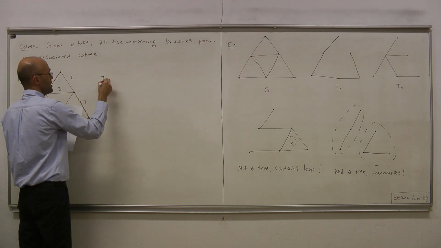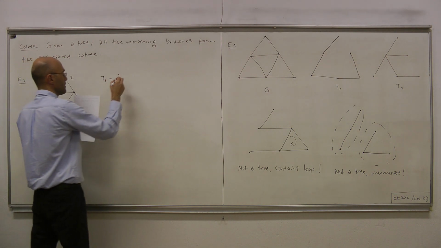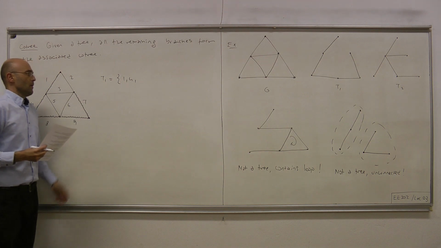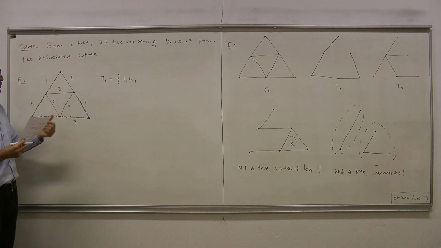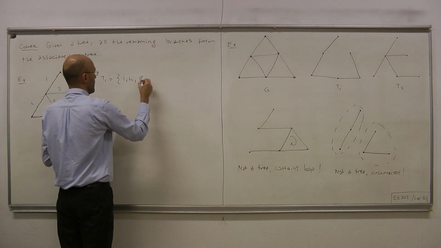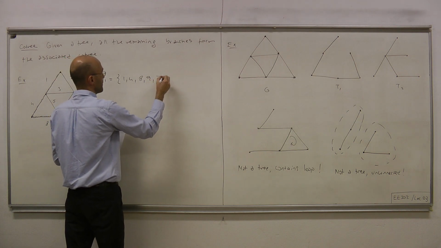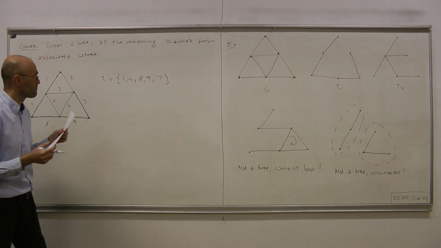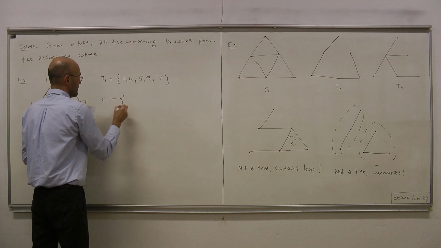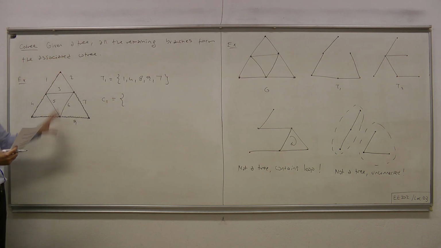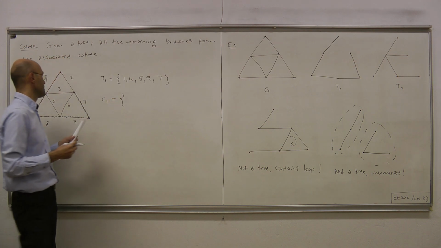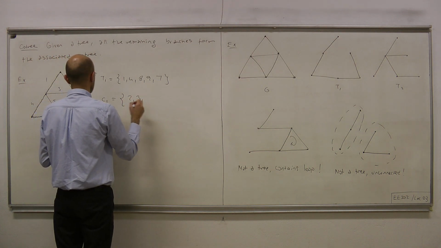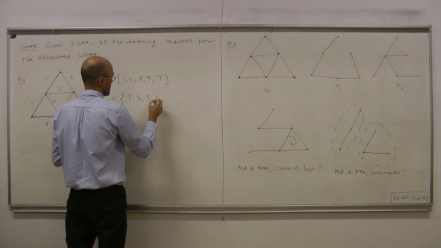Okay. So T1 is the set of branches 1, 4, 8, 9, and 7. And then the associated Cotree is whatever remains branch-wise, which is 2, 3, 5, and 6.